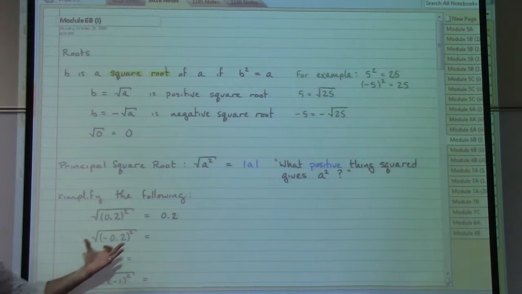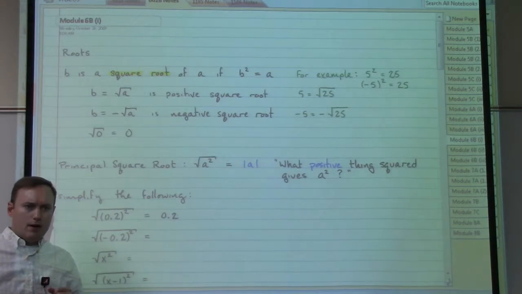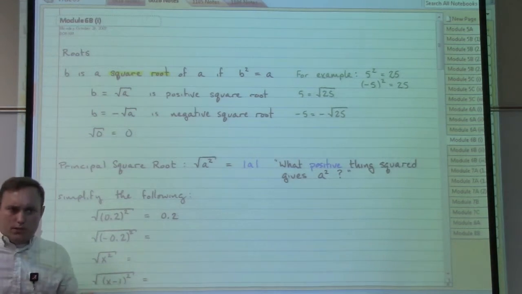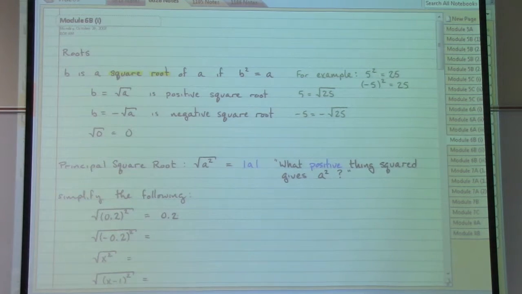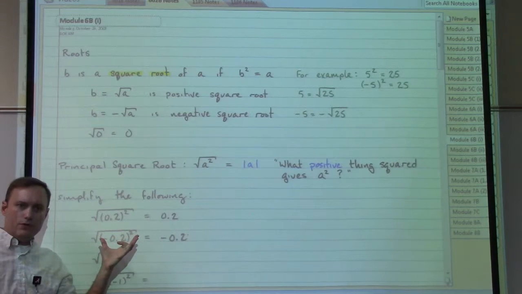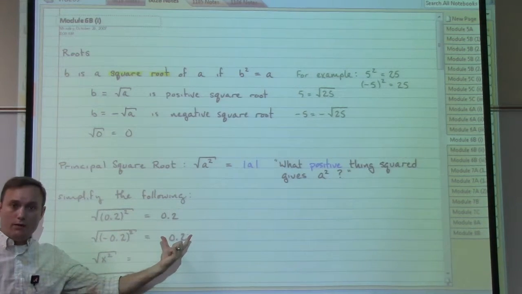What do we square in order to get (-0.2) squared? Just as that question is asked, we get -0.2. That's what we squared.